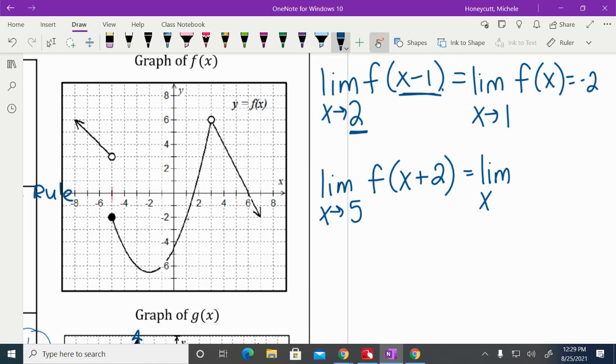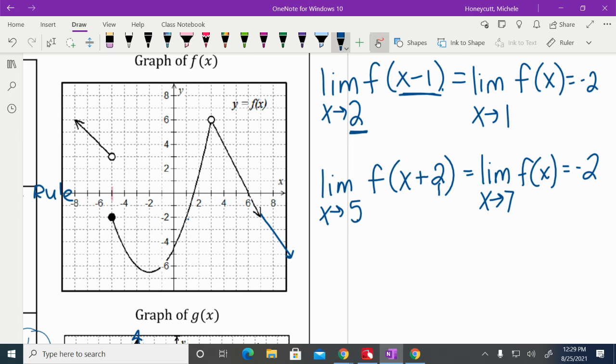This is the same as the limit as x approaches, take the 5, add 2, x approaches 7 of that graph. So as x approaches 7, what would the limit be? It's continuous, so I would continue this graph. Negative 2. So you'll see a couple of problems like that. Is that okay?